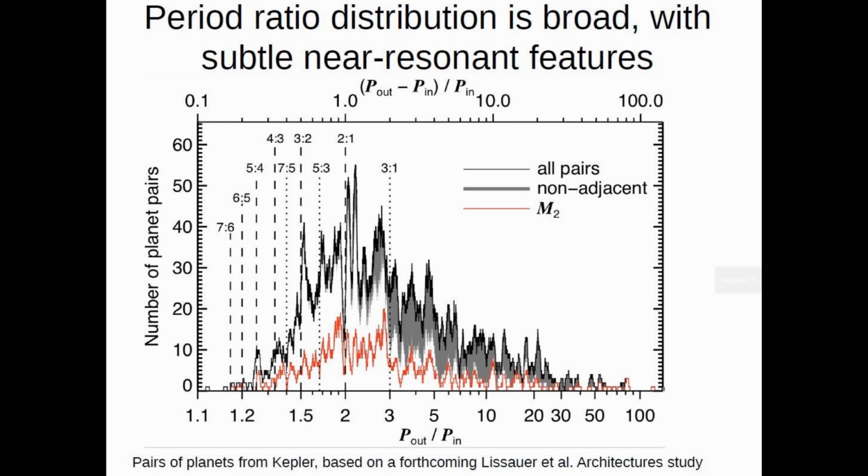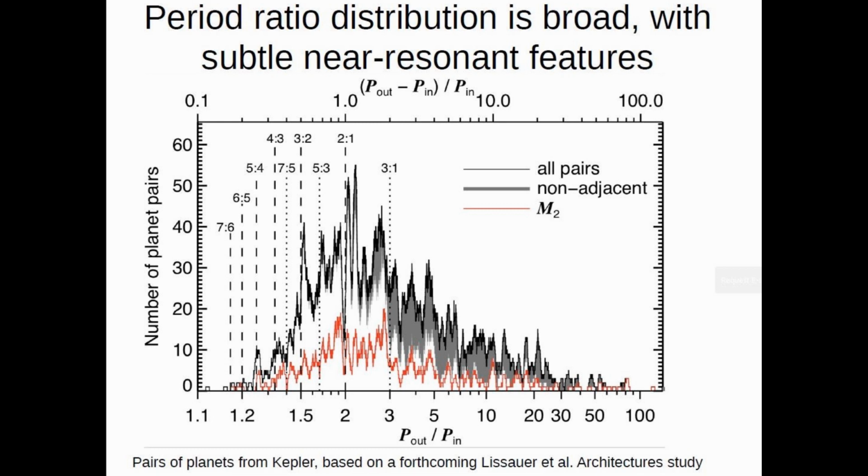And it's broken down by whether you're looking at all pairs, just the adjacent pairs, or just two-planet systems. But the upshot is that the distribution is pretty broad. It has a broad peak around 2 to 3 in orbital period ratio.